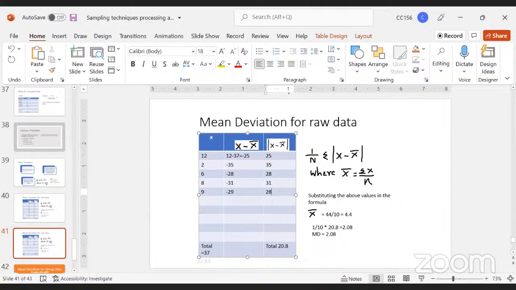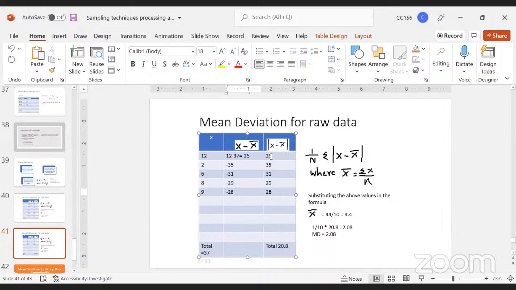Have I put them correctly: 25, 35, 31, 29, 28. Correct.